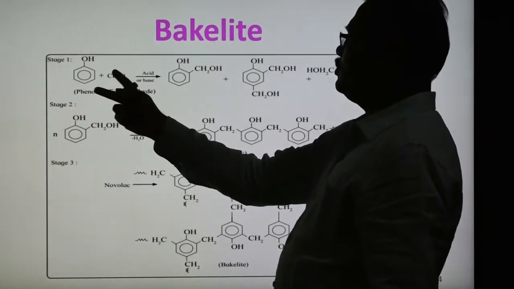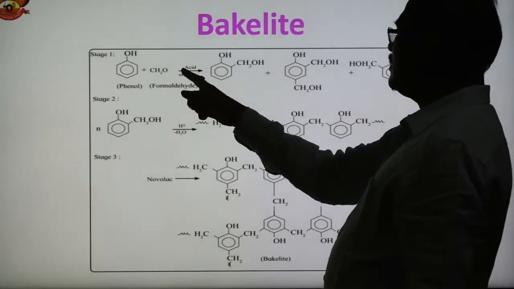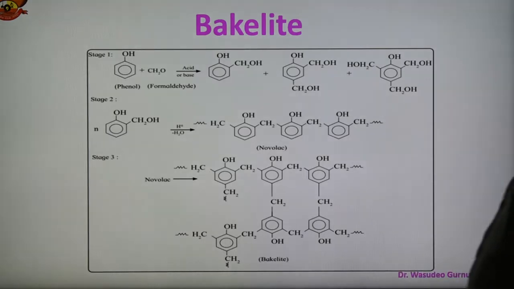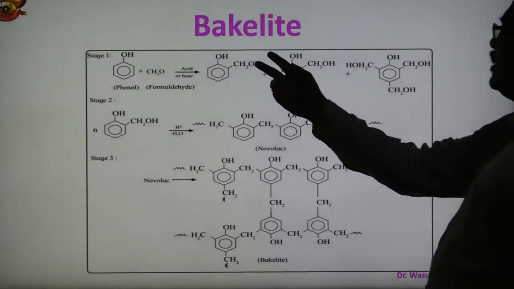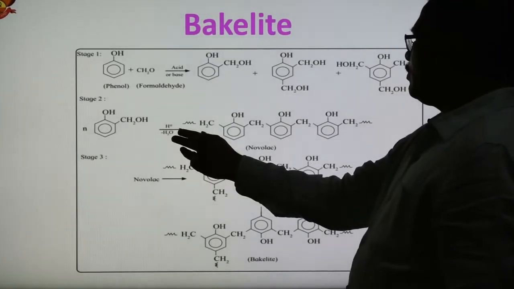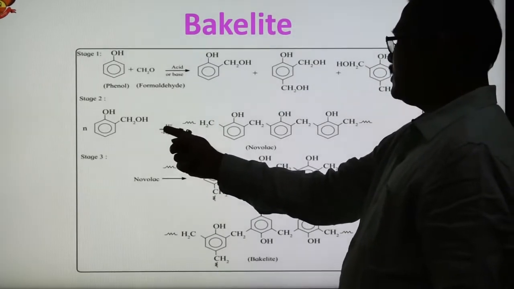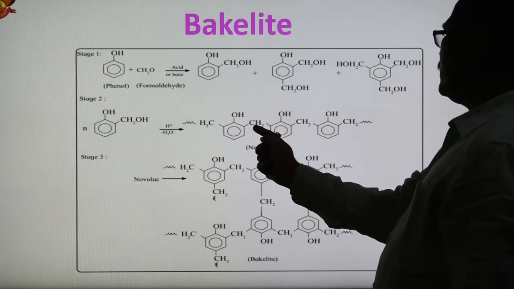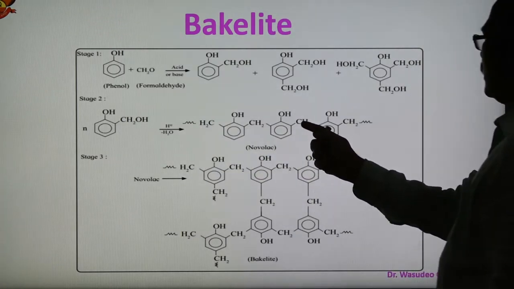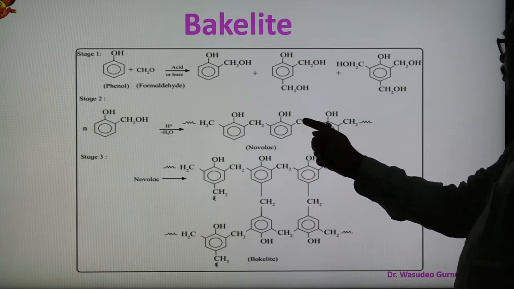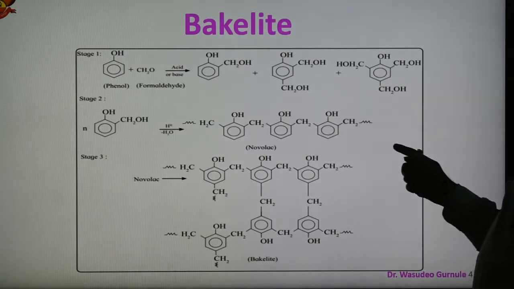In stage 2, we take this ortho substituted compound, and it undergoes polymerization with the loss of a water molecule, H2O. There is a methylene bridge, and the benzene rings are joined by this methylene bridge, and a long chain is obtained.